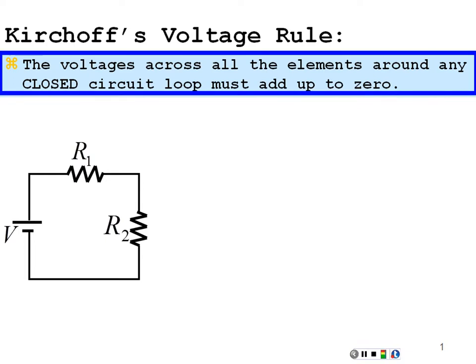What it's saying is if I were to start at some point in the circuit and walk my way around the circuit going anywhere I wish, if I ever come back to where I started, all of the voltages I encountered along the way, positive or negative, added up together will add up to 0. Because I'm going to end up at the same potential where I started if I come back to where I start.